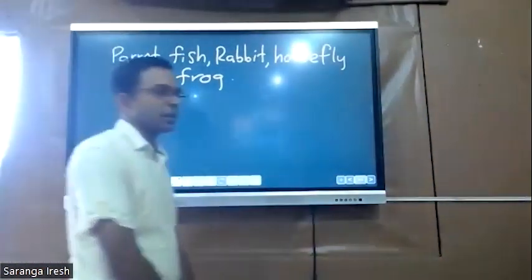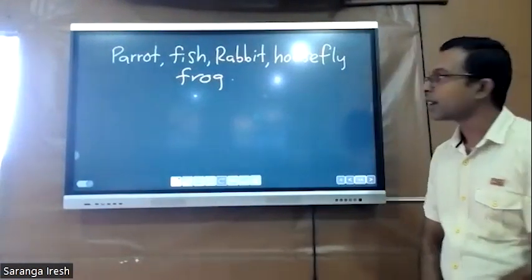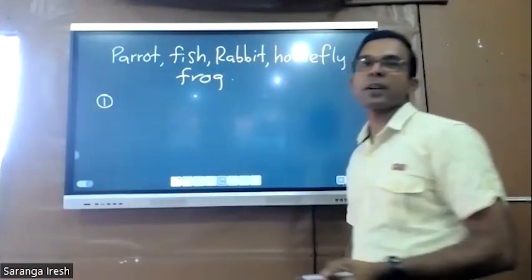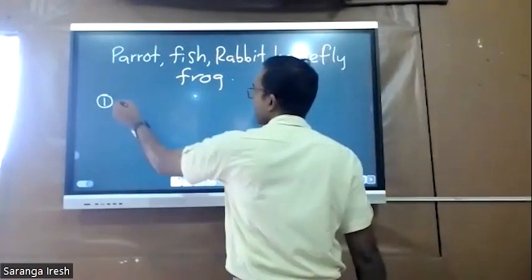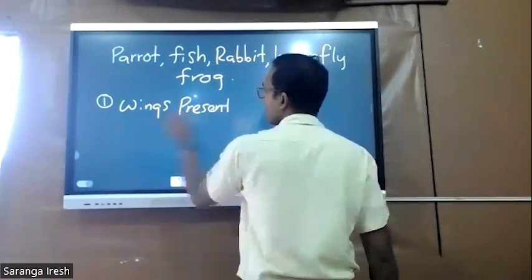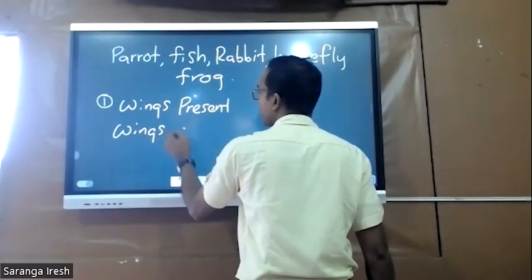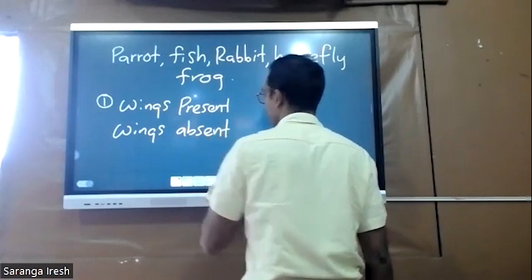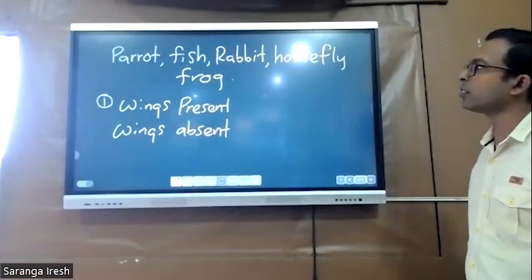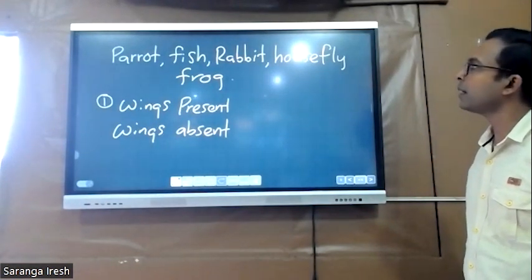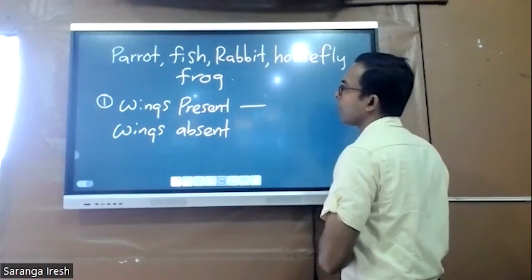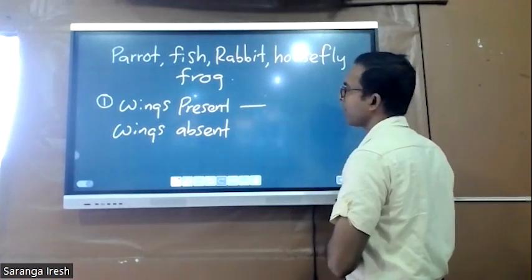Now, what are the best statements? Write the first one there: wings present, wings absent. Now, who are the ones with wings? Parrot and housefly. How many of them? Two. Without wings: fish, rabbit, and frog.